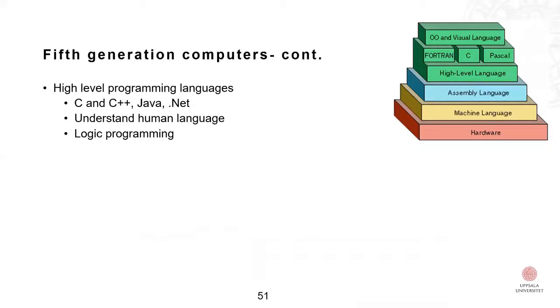In the fifth generation, we had other advancements as well. So the programming languages were shifted to a higher level. Besides the programming languages like before, for example, C++, Java, .NET, etc., we had computers that were powerful enough to understand human language.